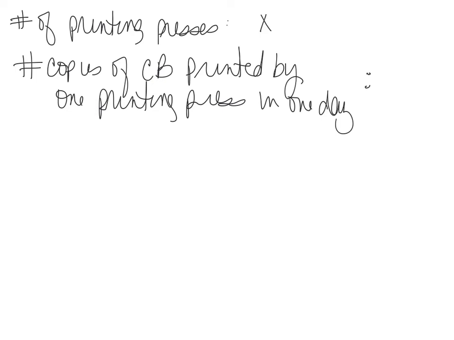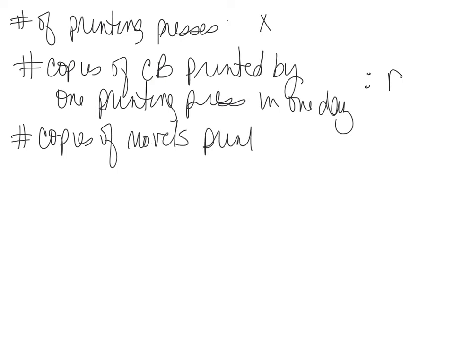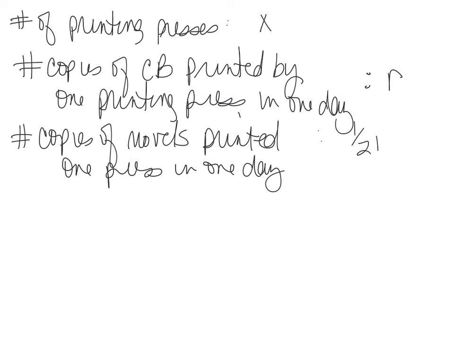Let's say copies. The number of copies of novels printed by one printing press. So if they can print one cookbook in a day, they're going to do half a novel in one day.